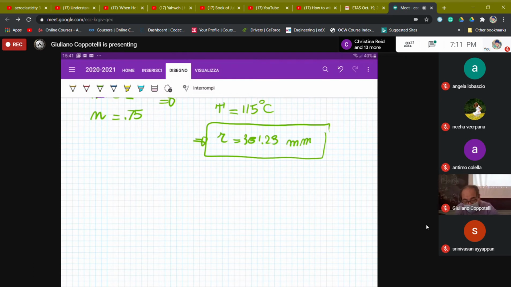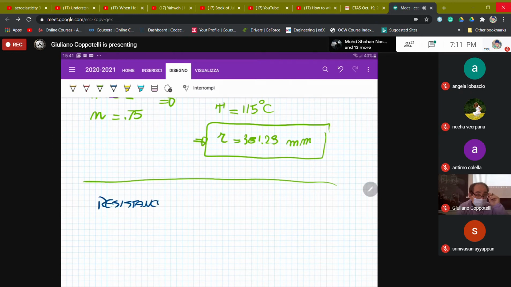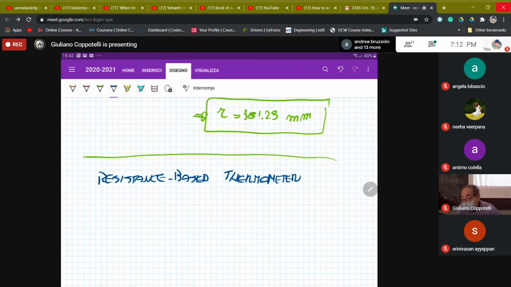Another temperature transducer is the one that you already saw when referring to strain gauges, and that is the one that we call the resistance based thermometer. Okay, that is based on the change of the electrical resistance because we changed the operating temperature with respect to the reference one.